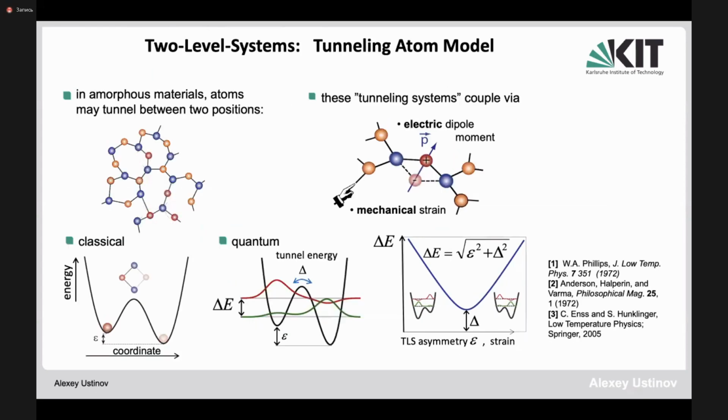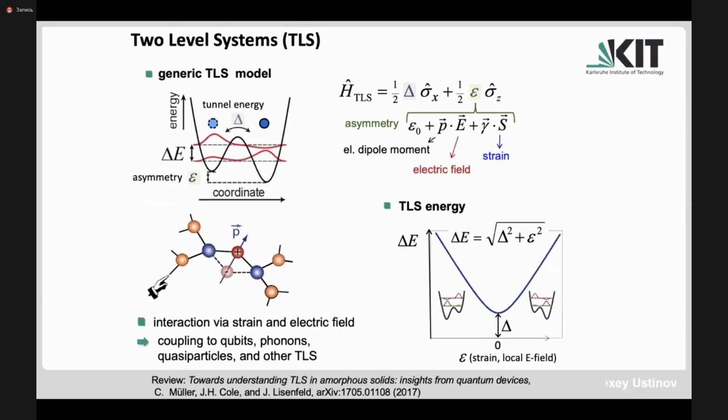And once you make the potential asymmetric, then the energy level separation increases, and it increases as the square root of epsilon squared plus delta squared, where epsilon is the asymmetry of the potential. So basically, epsilon is the difference in energy between the deepest well and the neighboring well. This is a very generic textbook formula, and this functional dependence is actually a hyperbola. So this hyperbolic dependence of the energy level separation should be characteristic of any kind of two-level systems.